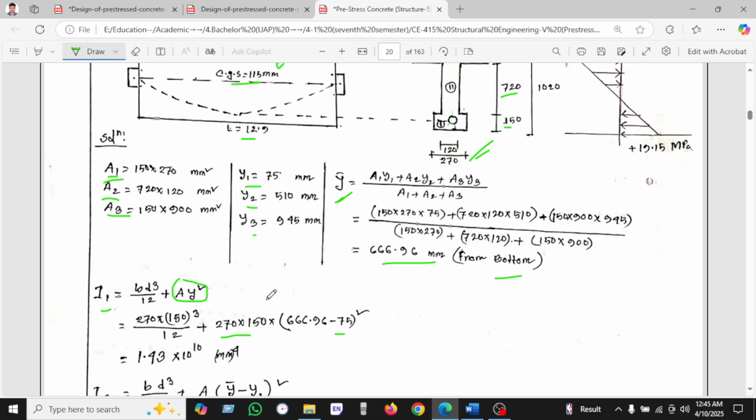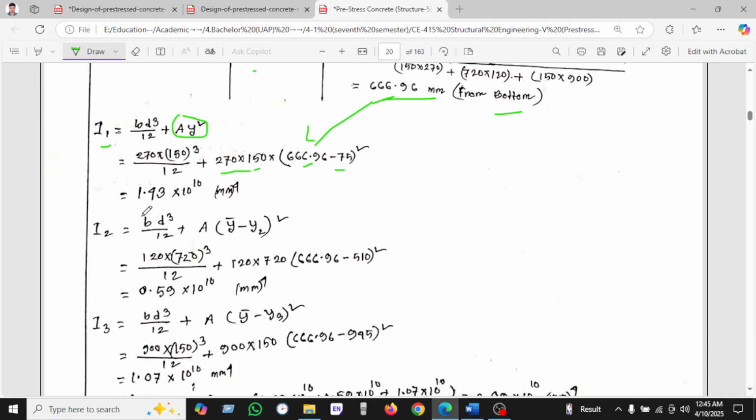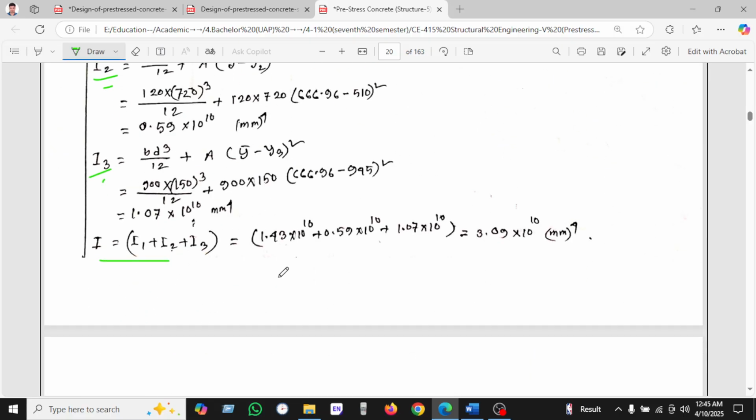As we can count, 75 is given here, and total Y bar. 270 is here, 270 and 150 are given for A1, the section of A1, and in the same way we find I for the others. We sum all the I1, I2, I3, which is 3.